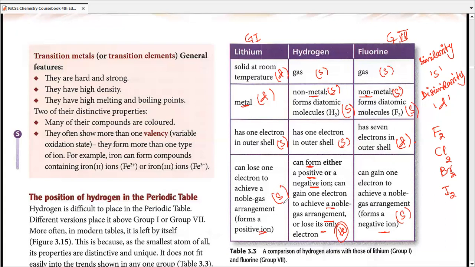So you'd notice that for the last point, it is similar and different to fluorine, and the same with lithium. Get the point? Yes, good.